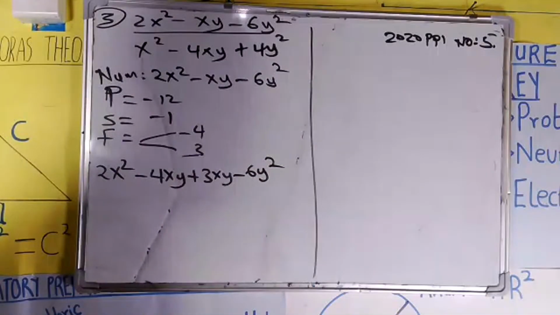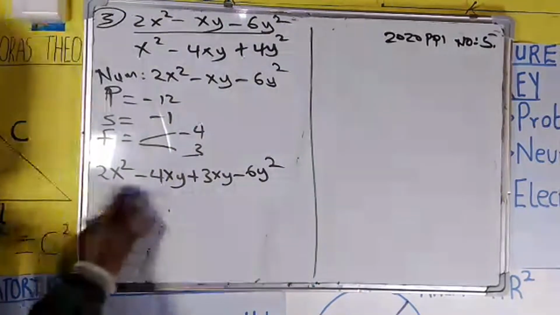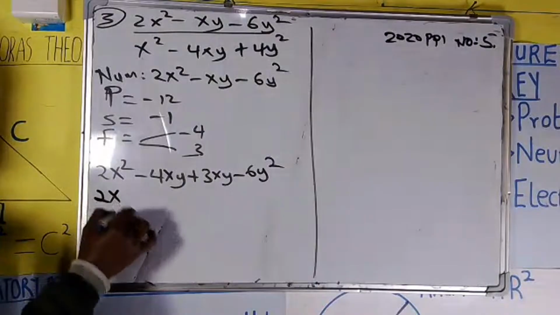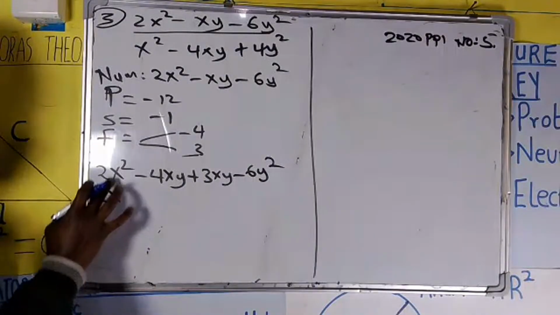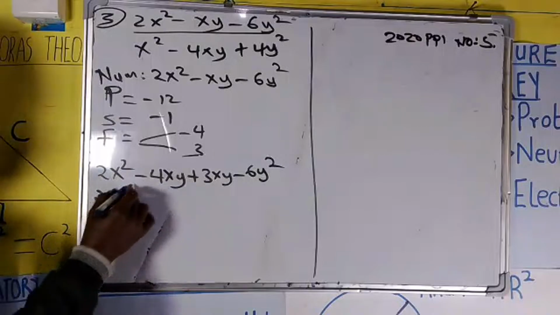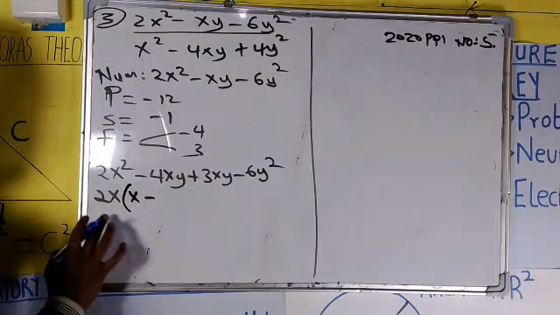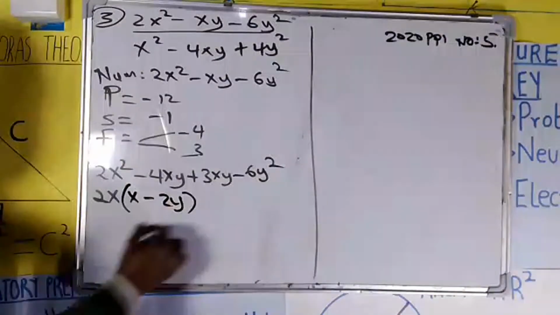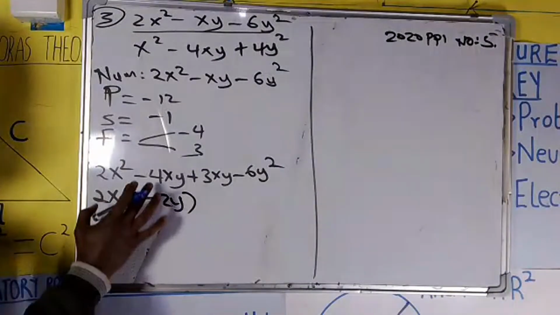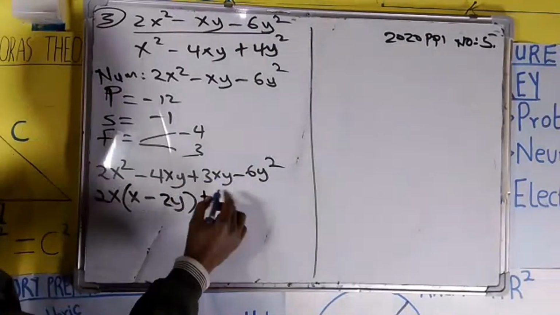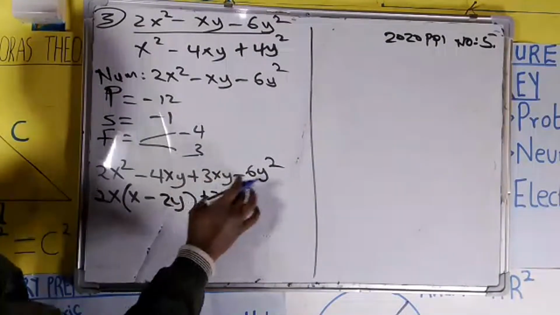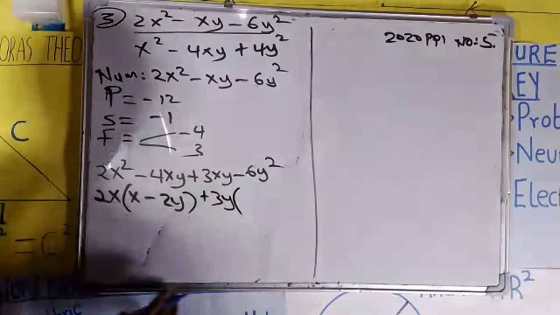So once we have that, we can now factorize by grouping. Our common factor here is 2x. X and xy is x. Then we have x minus, this one will be 2y, because 2x times 2y is 4xy. Then plus, the common factor here is 3, and we have y and y, so it will be 3y.